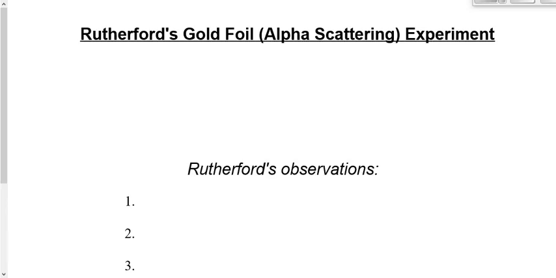It's not right, it's not perfect, but it's much, much closer to what we currently believe the atom looks like. So I would consider it almost as revolutionary as Thomson's raisin bun model, even though it didn't establish the existence of any new types of particles, like Thomson's model did.